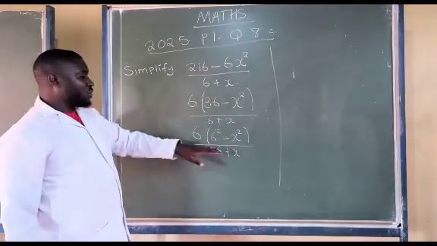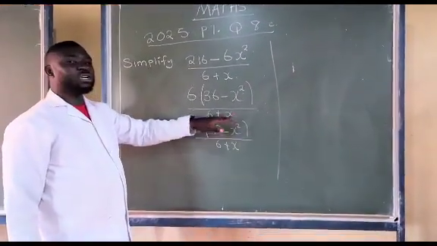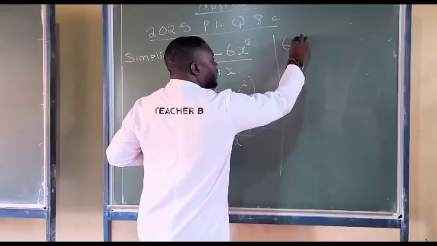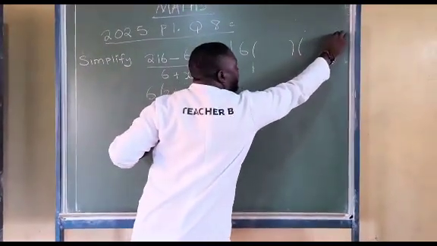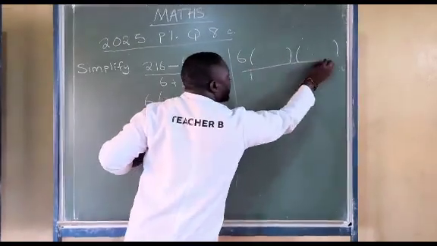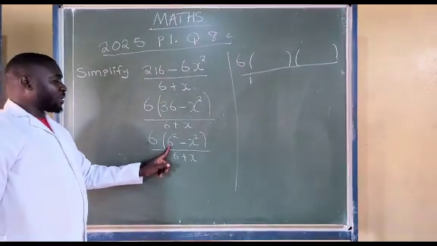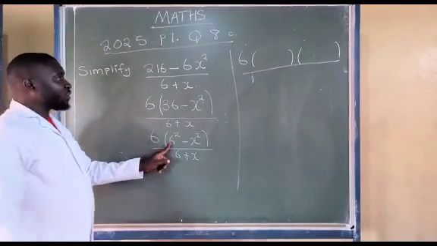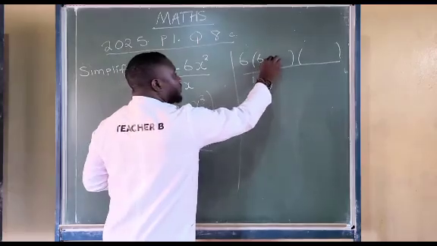Now we are going to introduce the difference of two squares. We have 6 squared, so we write the other 6 here, and this one will be plus.